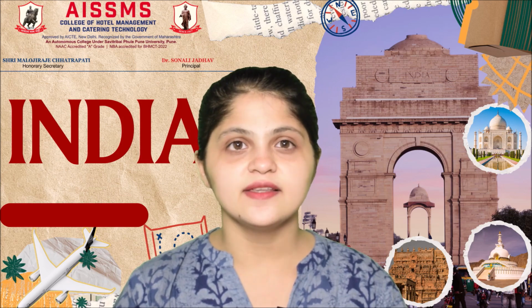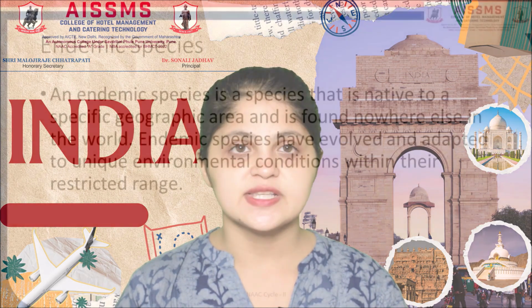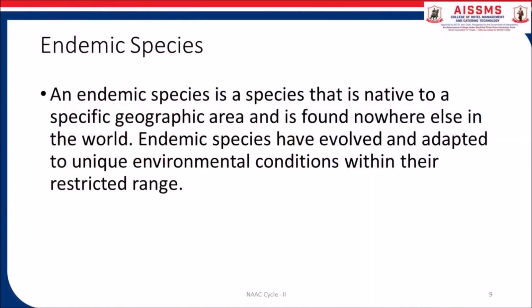Now let's understand the meaning of endemic species. An endemic species is a species that is native to a specific geographic area and is found nowhere else in the world. Endemic species have evolved and adapted to unique environmental conditions within their restricted range.